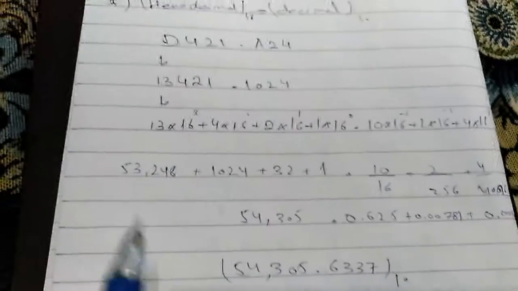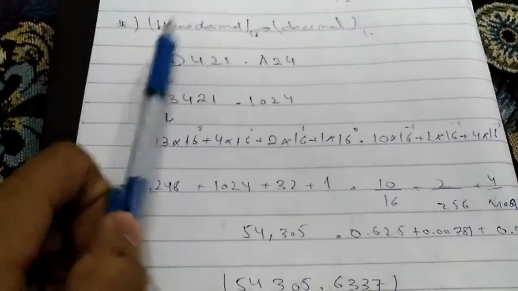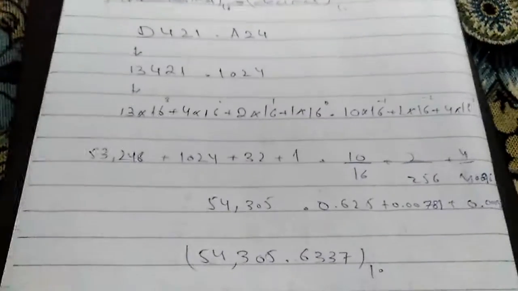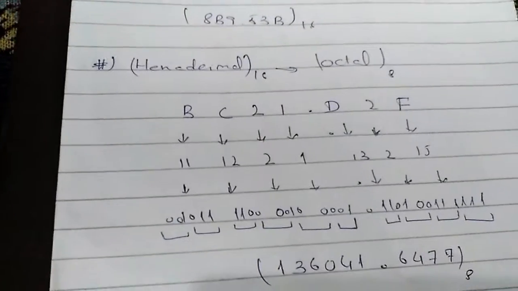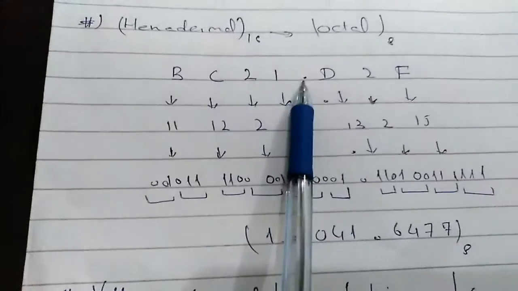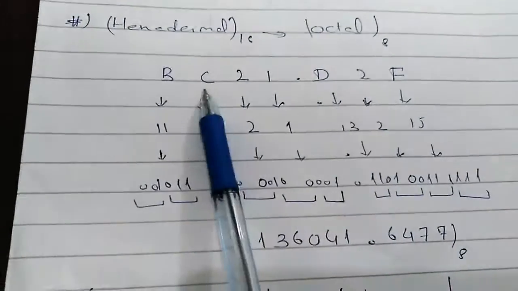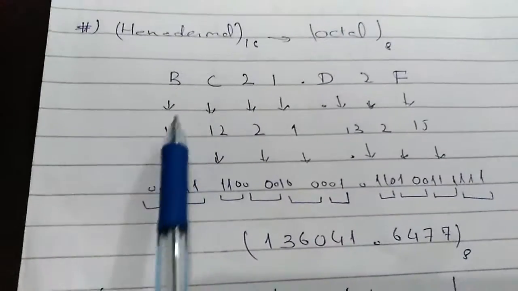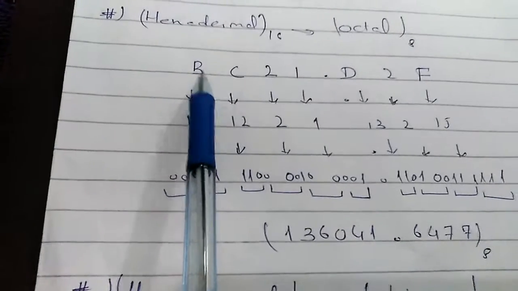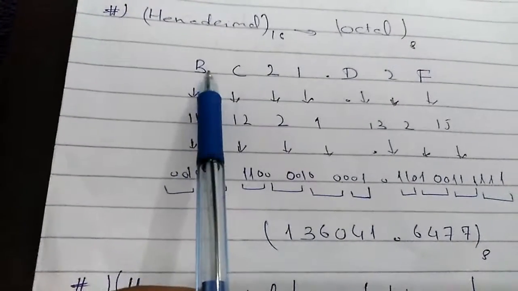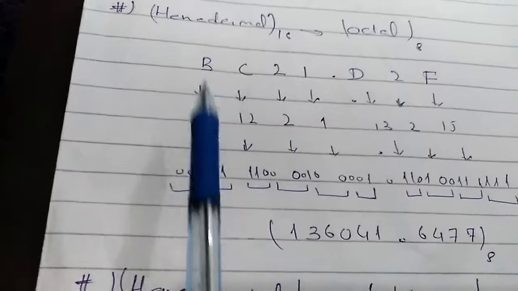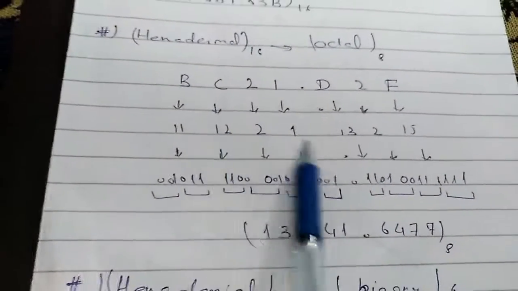It's very simple. Now moving towards hexadecimal to octal conversion. We have taken this example of a hexadecimal number and converted the characters into their equivalent digits: B is equal to 11, C is equal to 12, like this.